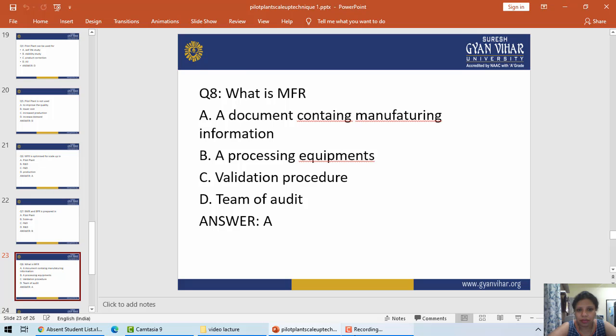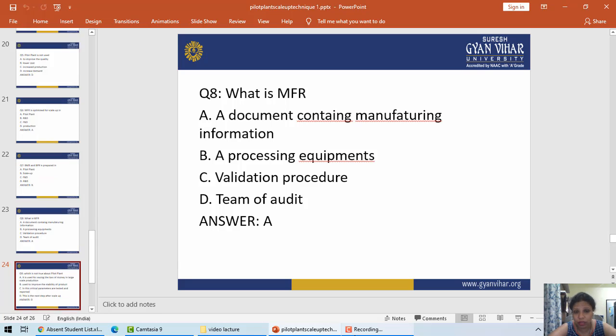A document containing manufacturing information, a processing equipment, validation procedure and team of audit. A document containing manufacturing information is the MFR. Team of audit is different, and validation procedure is also not it. MFR is not an equipment, it is a document. So you should know master formula record.